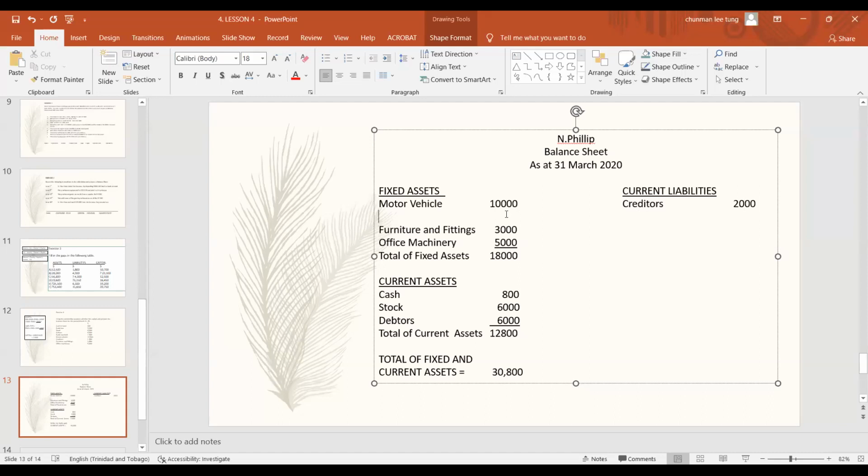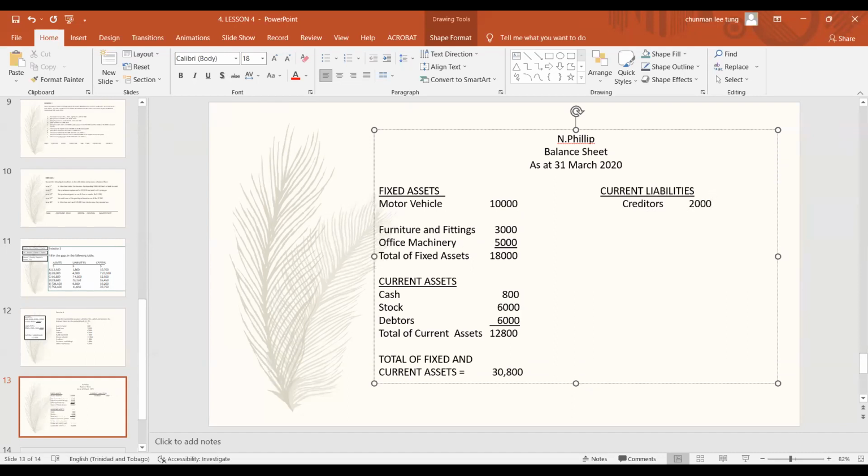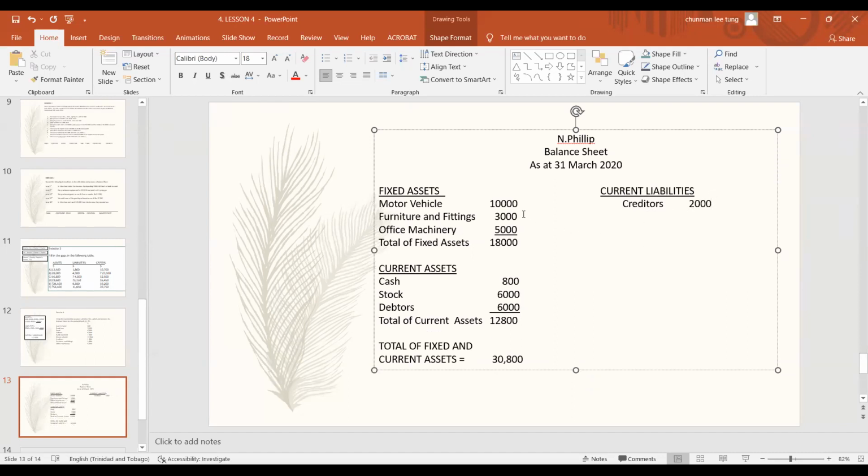And then you have bank overdraft, which is your other current liability, $1,000.